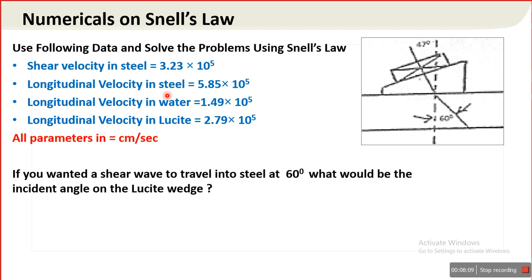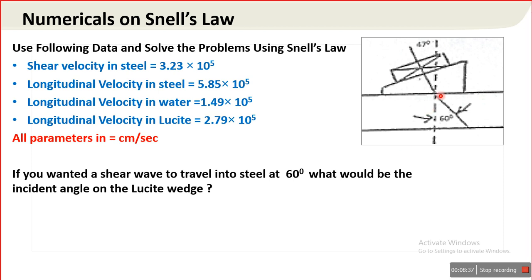Longitudinal wave in steel is 5.85 into 10 raised to 5, again centimeter per second. Longitudinal velocity in water is 1.49 into 10 raised to 5, and longitudinal velocity in lucite, which is one type of plastic material, is 2.79 into 10 raised to 5, again centimeter per second. So all types of velocities are given.